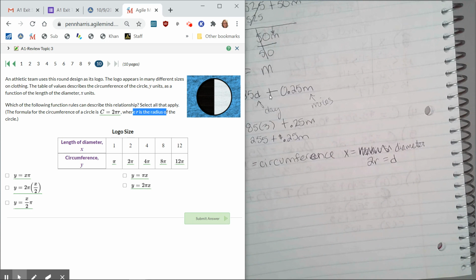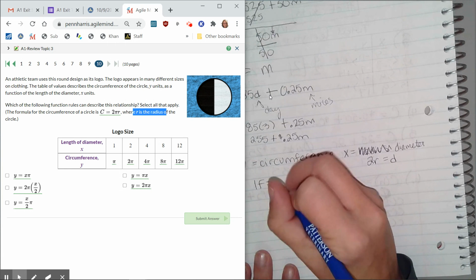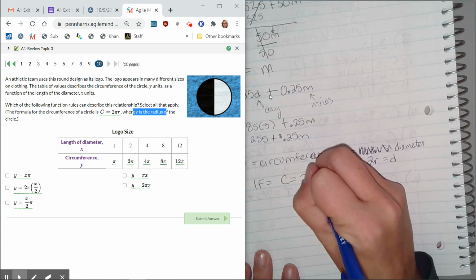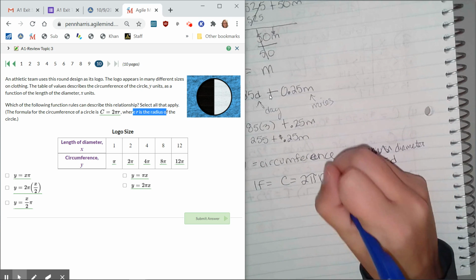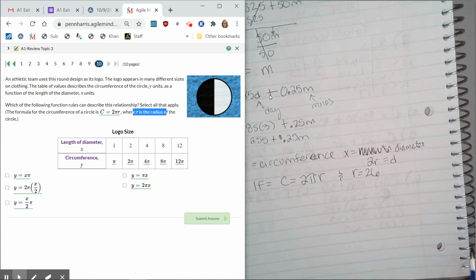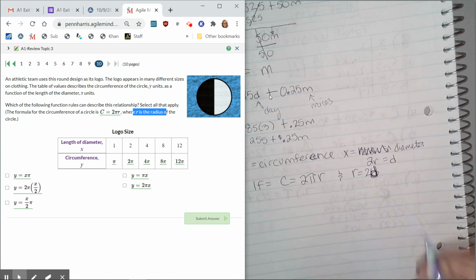Okay, so if I look at my formula, my circumference equals 2 pi times radius. And if r equals 2d, that should be a d, not a 6. 2d, okay?